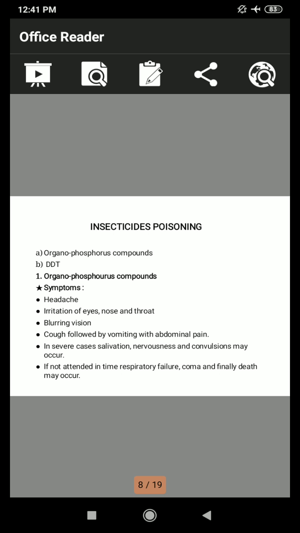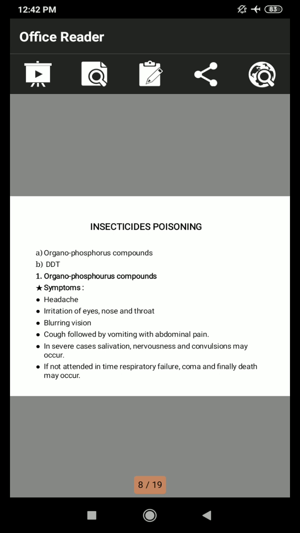Symptoms include headache, irritation of eye, nose and throat, blurring of vision, then cough followed by vomiting with abdominal pain. In severe cases, salivation, nervousness and convulsions may occur. If not attended to in time, respiratory failure, coma and finally death may occur. These are the symptoms of organophosphorus compound poisoning.